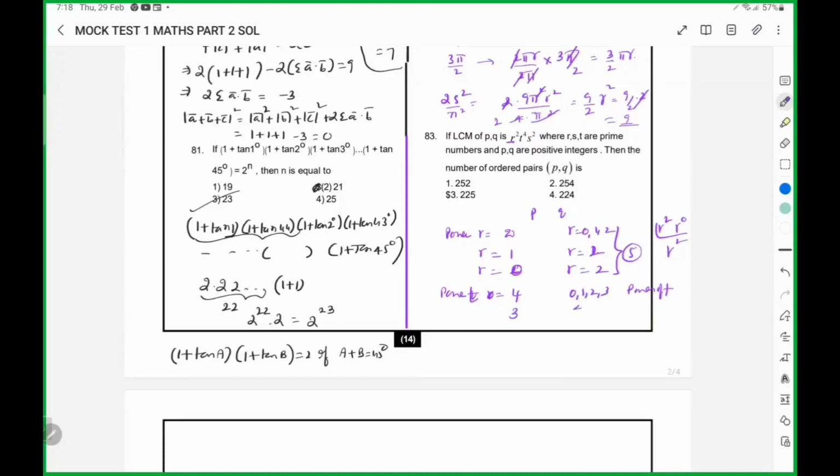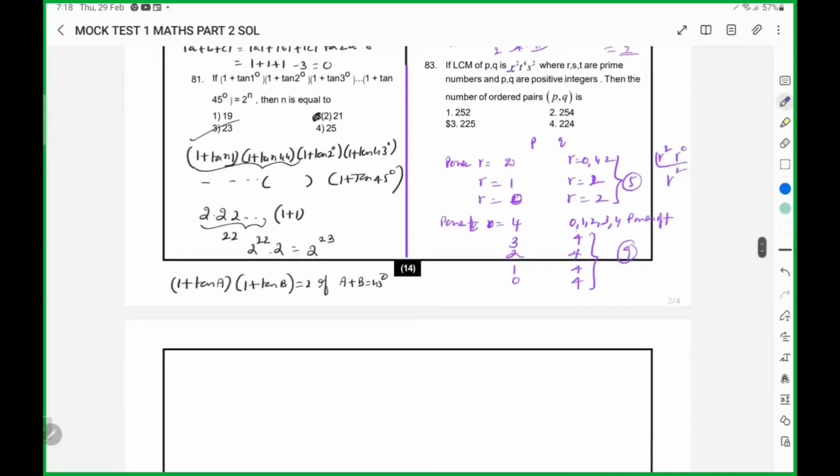You take 3, then 4; take 2, 4; take 1, 4; take 0, here you take 4. So again here 4 plus 3, 2, 1, 0, 1, 2, 3, 4, anything. 5 plus 4, 9 possibilities.